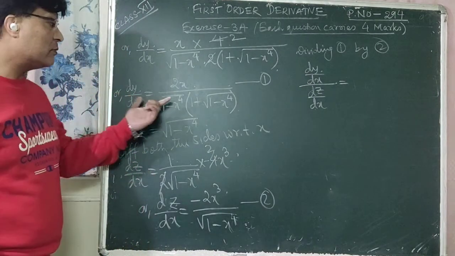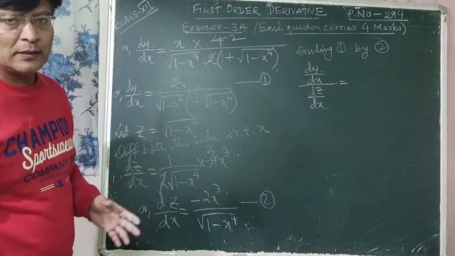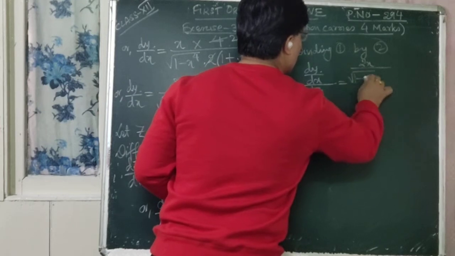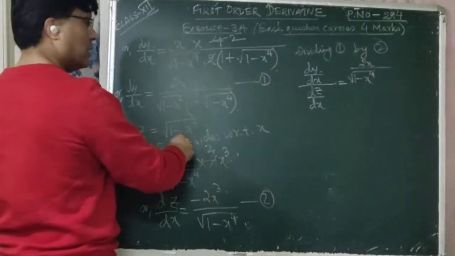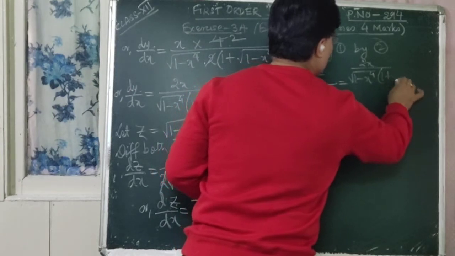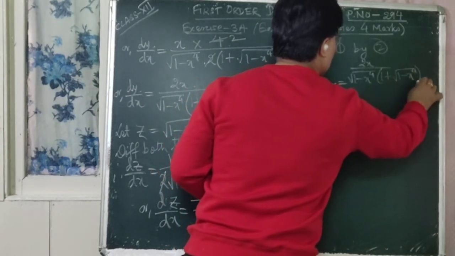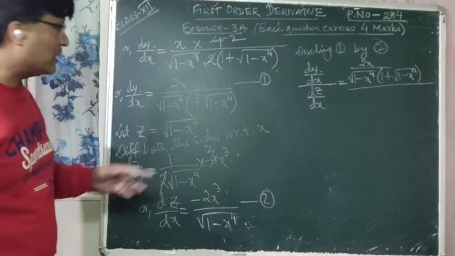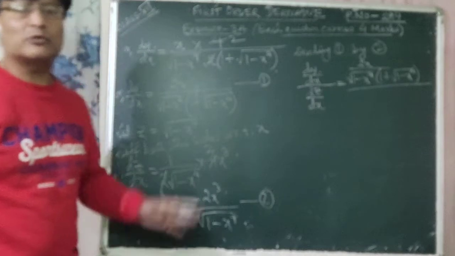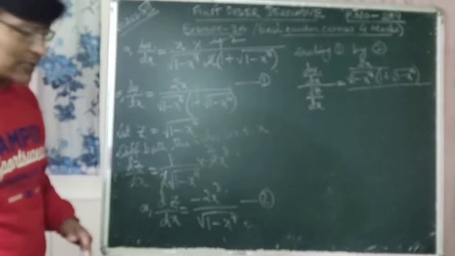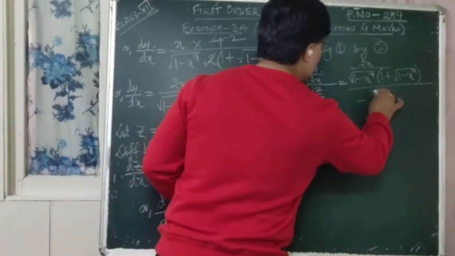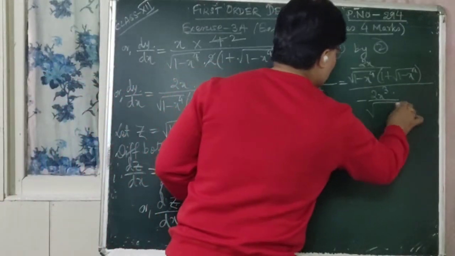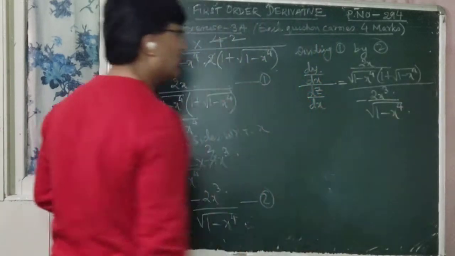Now let us write down right hand side of number 1 in the numerator, that is 2x upon root over 1 minus x to the power 4, then within bracket 1 plus root over 1 minus x to the power 4, right? Whole divided by, now let us write down right hand side of number 2 in the denominator, that is minus 2x cube divided by root over 1 minus x to the power 4.